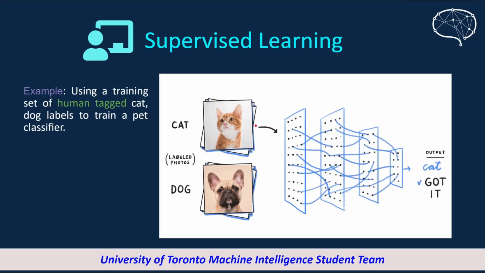We first pass an image of a cat into the model, and the model produces an output saying, okay, is it a dog? I'm not very confident. And you as a supervisor will say, it is not a dog. It is a cat. Please remember that. Then the model updates itself to try to answer better next time.